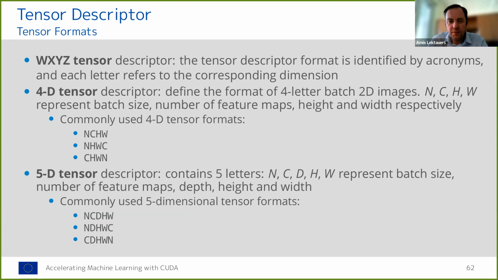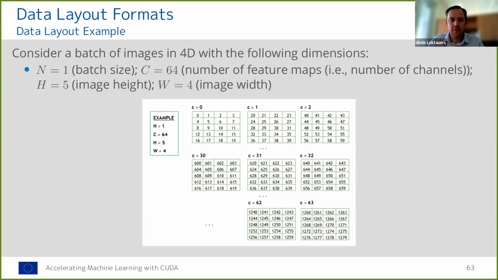It's possible to work with 4-dimensional or 5-dimensional tensors, for example. The storage layout is defined by characters, for example NCHW or NCDHW, representing batch size, number of feature maps, depth, height, and width of the tensor.